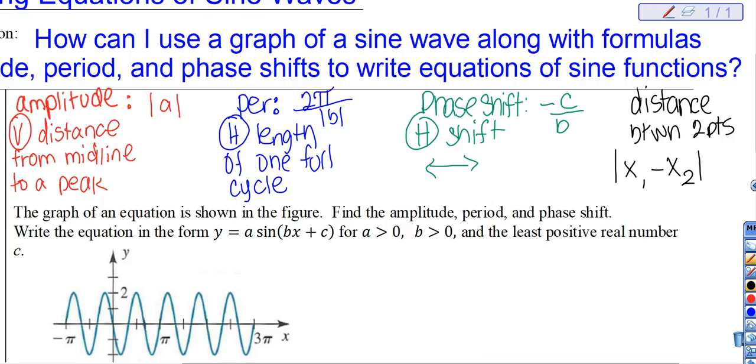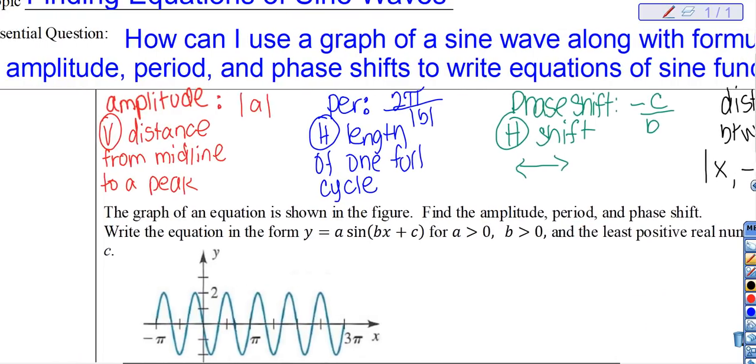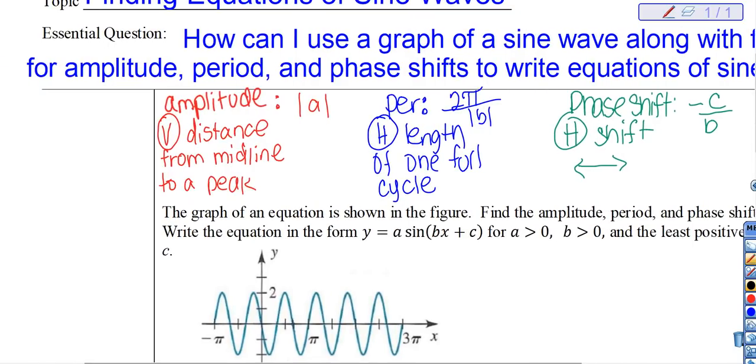All right. And the other thing that I would like to mention is you remember the other day when we were trying to perform our phase shifts and our period changes at the same time. We'd take the period of a sine function or a cosine function, which was 0 less than or equal to bx plus c, notice that I'm talking about the b and the c, less than or equal to 2 pi.